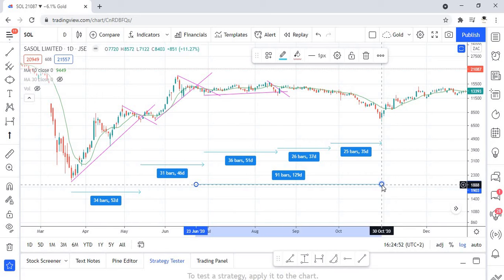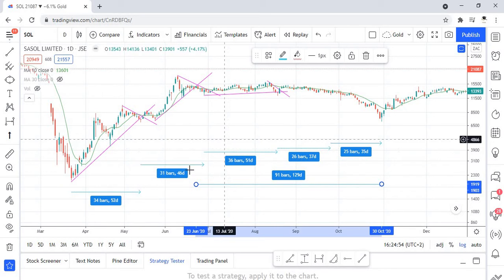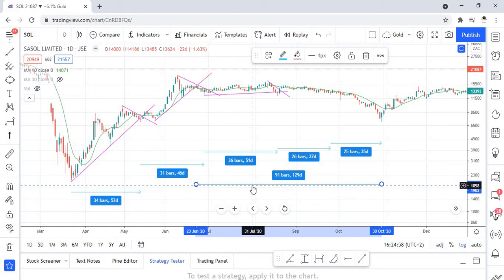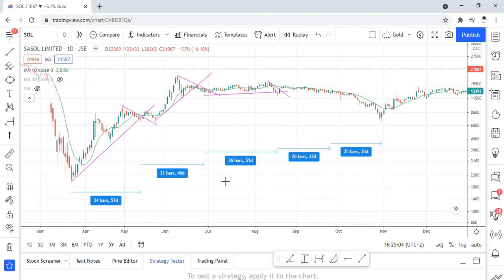So for 129 days, Sasol didn't do anything. So your money was better off invested elsewhere and able to earn maybe 10, 20, 30%. So this is how we use cycles to tell when to buy and when to sell. In this case, you can see we had 1, 2, 3, 4, 5. So we have 5 daily cycles within this chart.